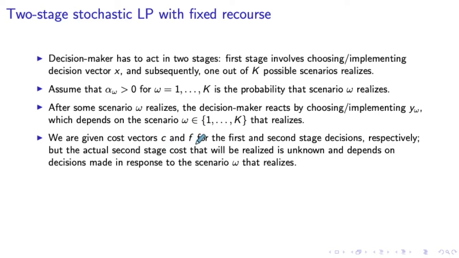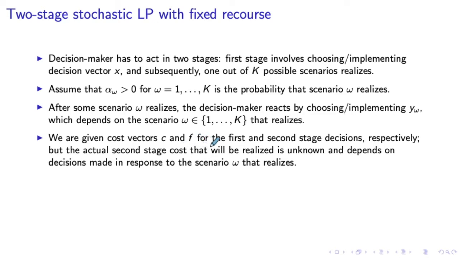And then for the second stage, we have the expectation of the cost for the second stage decision. So this was given by the summation of alpha omegas multiplied by f transposed times y omega.